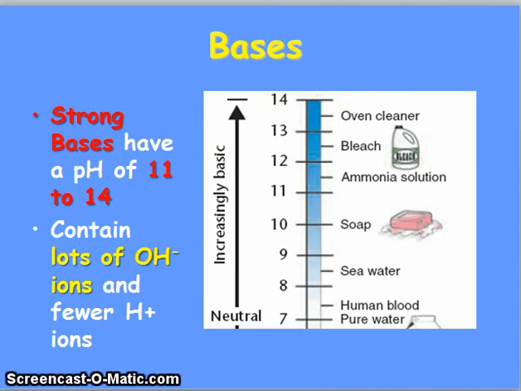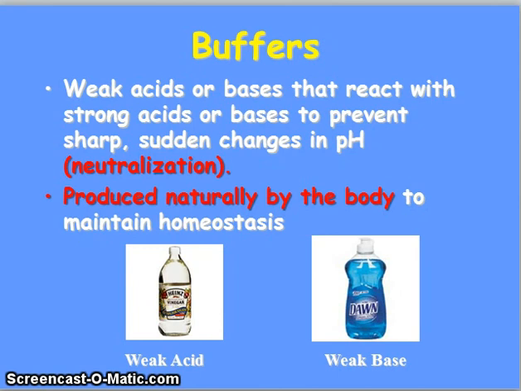The last thing is water acts as a buffer. Weak acids or bases react with strong acids or bases to prevent sharp, sudden changes in pH. So it keeps our bodies safe because we have water in them. If we drink something that's acidic, or we're not drinking enough water, it keeps our bodies stable.